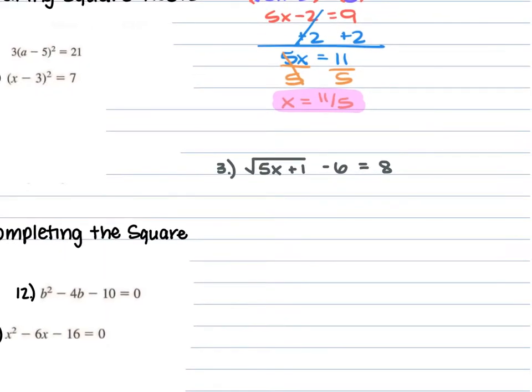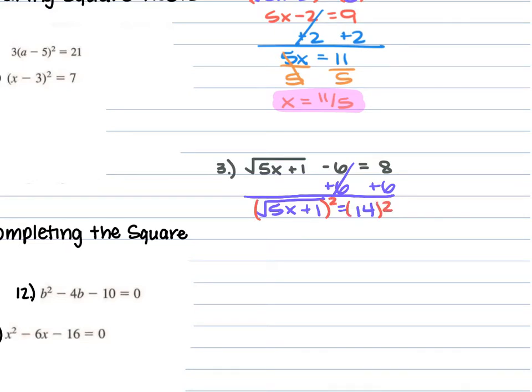For 3, we have the square root of 5x plus 1 minus 6 is equal to 8. So we first are going to move the 6 over by adding it to both sides. So we have the square root of 5x plus 1 is equal to 14. From here, we're going to square both sides.